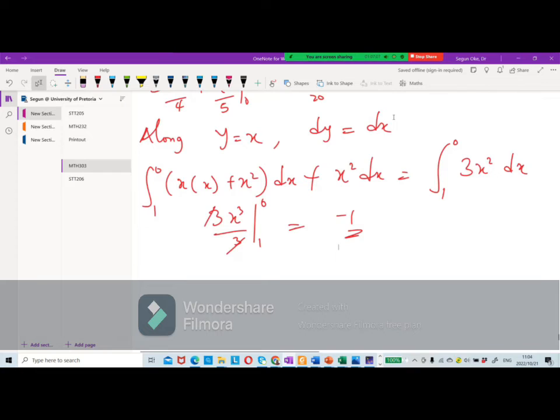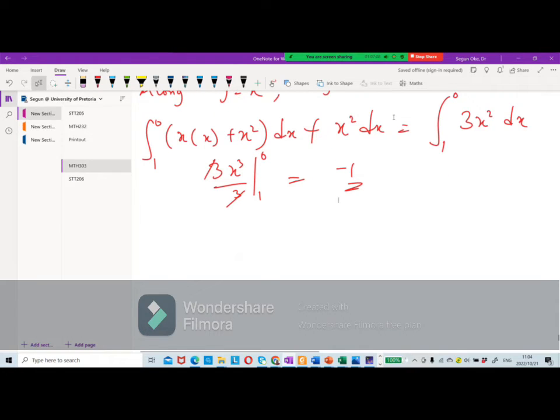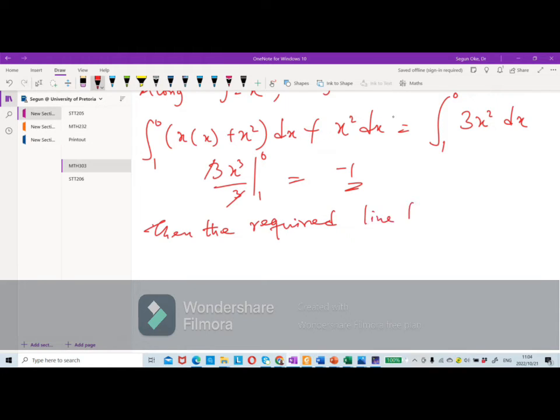Then it requires of us to add everything together. So the line integral will come in. The required line integral is equal to 19 over 20 minus 1, because we have to add it together.